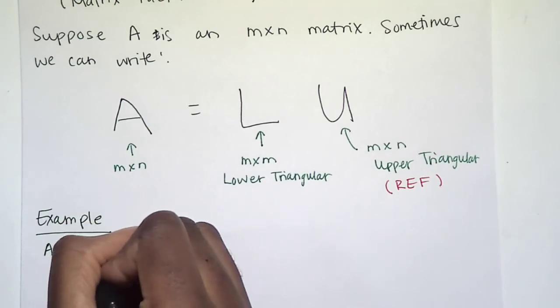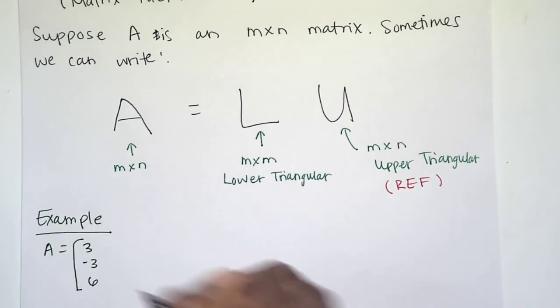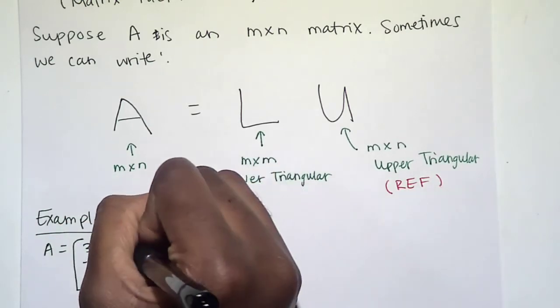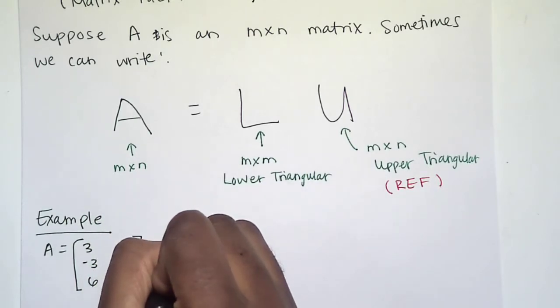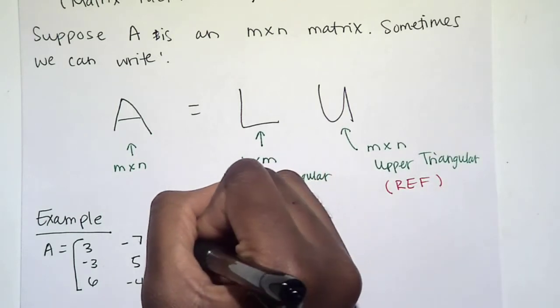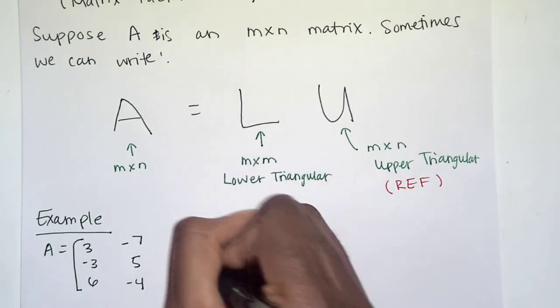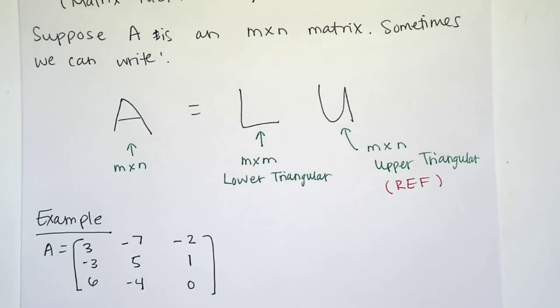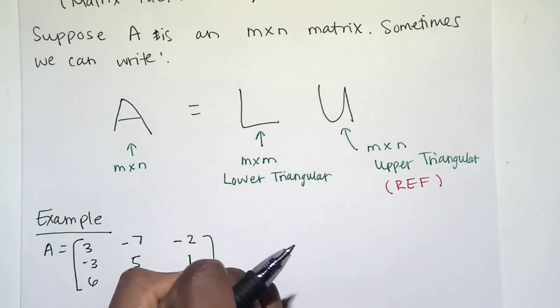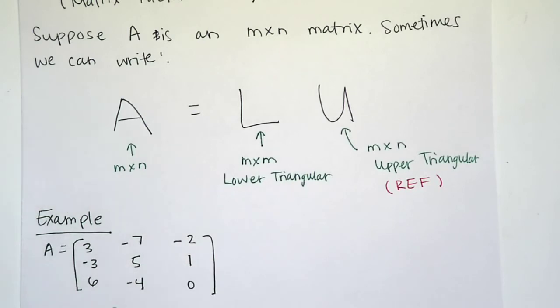So 3, -3, 6, -7, 5, -4, -2, 1, 0. So this is our matrix A, and it is a 3 by 3 matrix, which falls under the category of M by N.